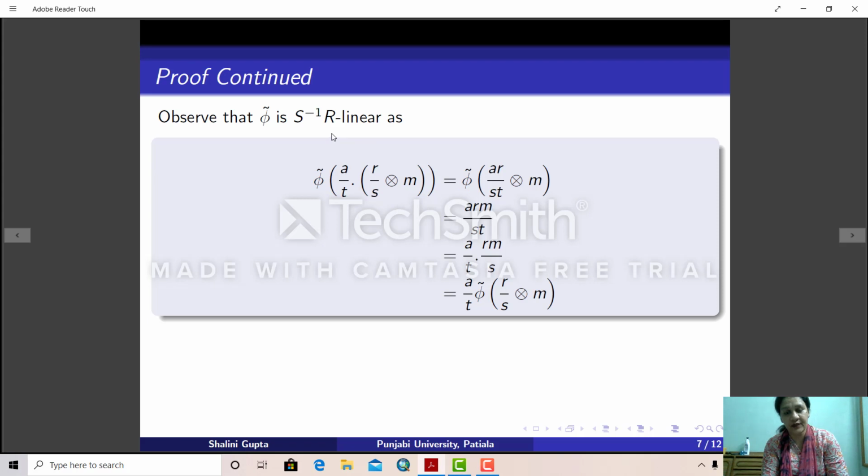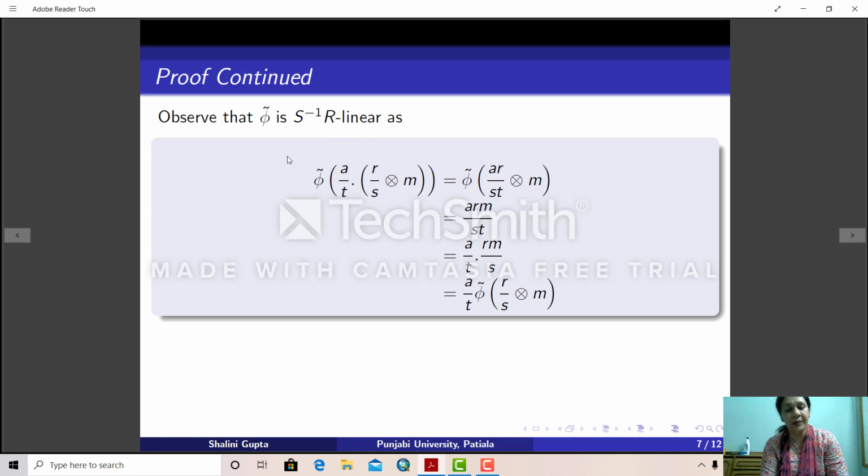This is the action of S inverse R on this module. So by definition of phi tilde, this turns out to be arm/st. So this is equal to (a/t) dot rm/s, that is (a/t) phi tilde(r/s tensor m). So thus phi tilde is S inverse R linear.